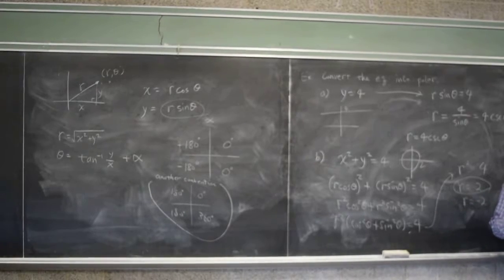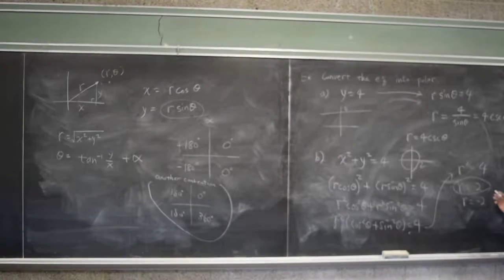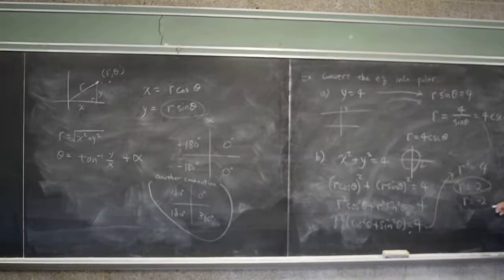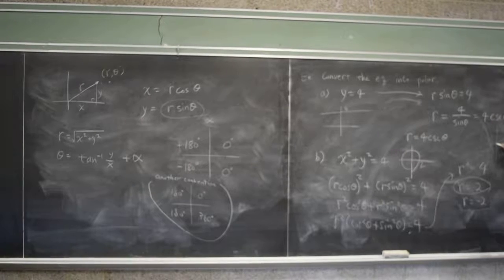Okay? Now, although this is not usually done, this is correct too. You can write r equals negative 2, and that will again be a circle. It's just a strange way to write down the circle of radius 2, but this is what it means. For any ray, instead of going in the positive direction, you go backwards by 2, and you plot.